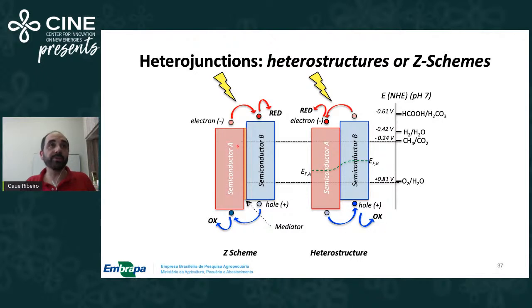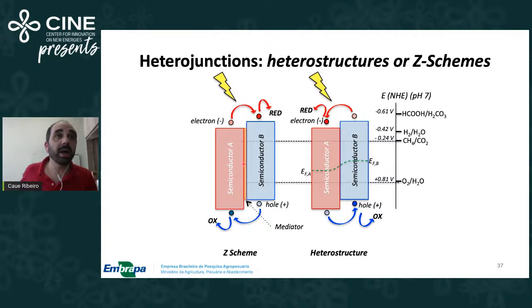One of them is the so-called Z scheme, which is the separation of charges by the utilization of a conductive layer among the semiconductors. So when both semiconductors are excited, we can transfer all the electrons from one semiconductor to the conductor, while the other concentrates the holes.